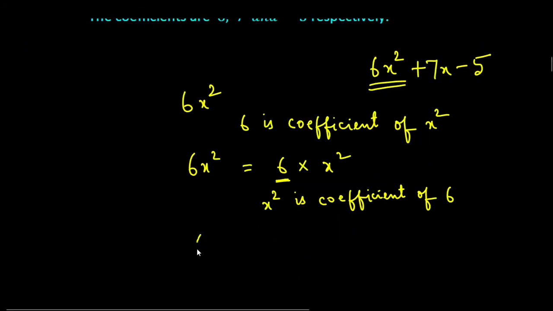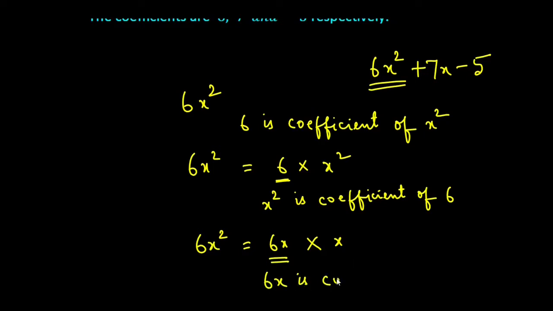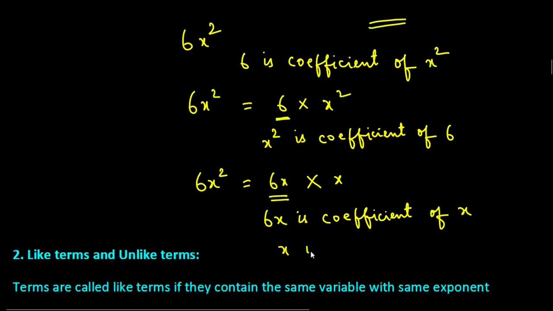If we write 6x square as a product of two factors 6x into x, then 6x is called the coefficient of x. 6x is the coefficient of x and x is the coefficient of 6x.